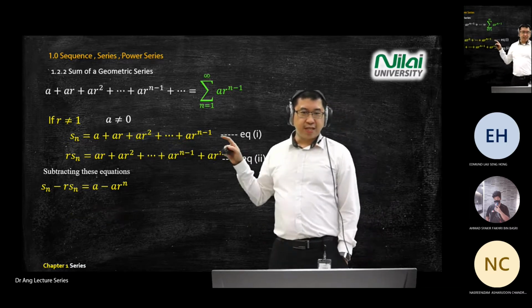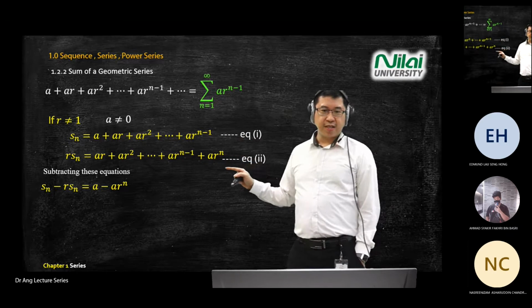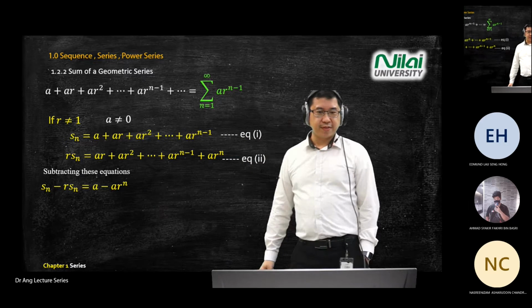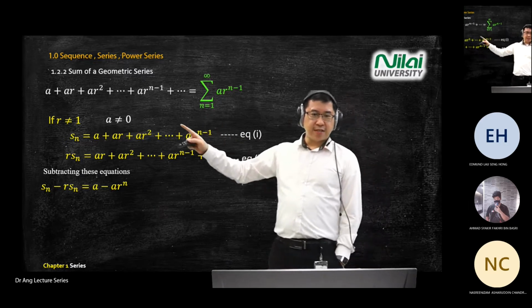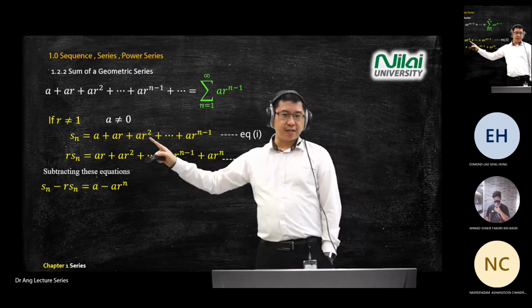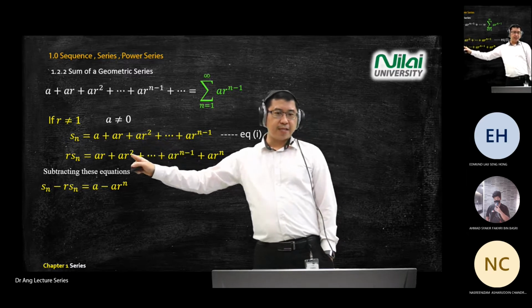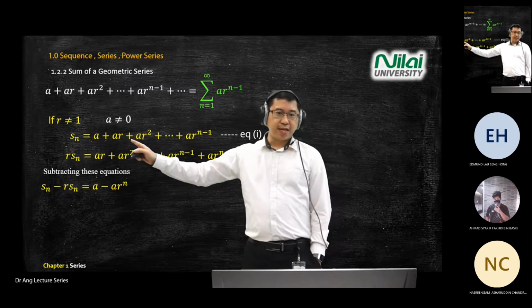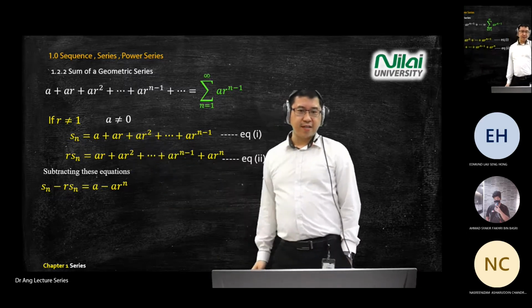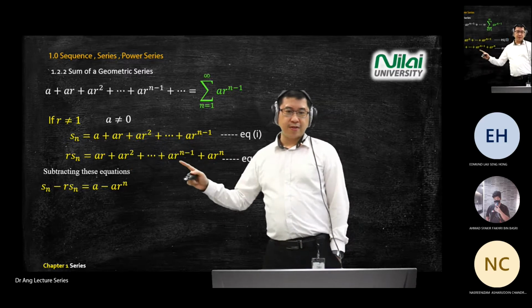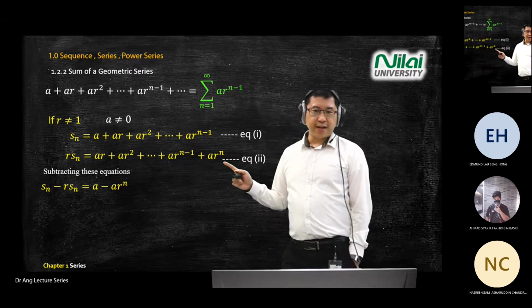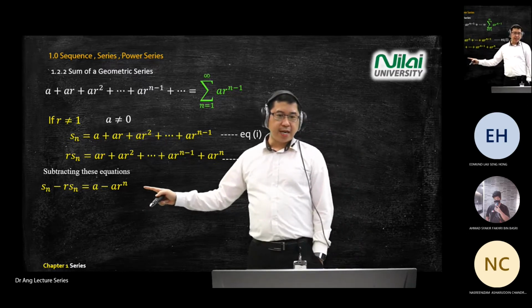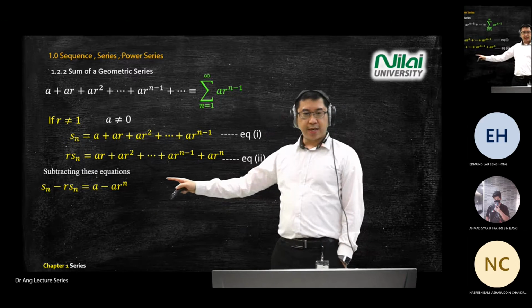Do you see how you get from here to here? Do you see how you get A minus AR^n? Because we cancel all the terms inside. This one minus this one, you can cancel. Same with this one, AR minus AR, you can take away and so on. Then the last one only leaves the last term and the first term. That's why you only get A minus AR power n. Edmund, do you understand? How do you get that?